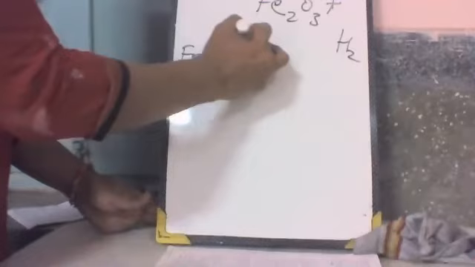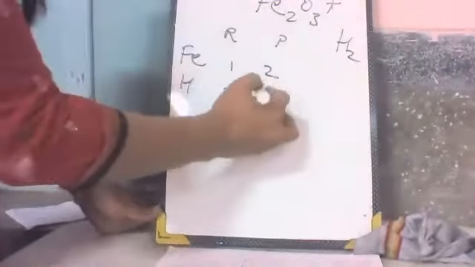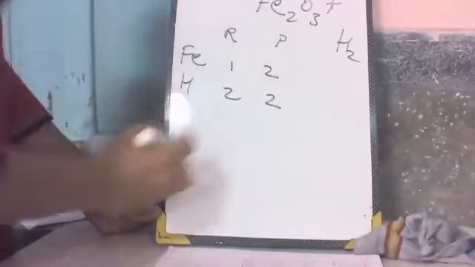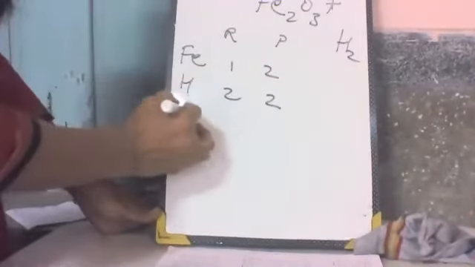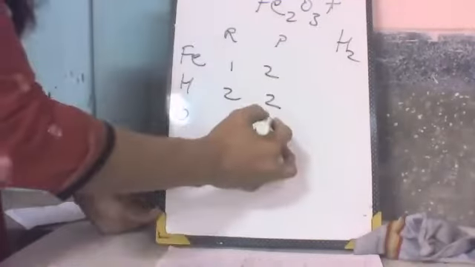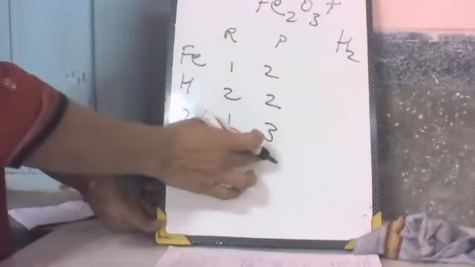So in the first case, Fe at the reactant side and Fe at the product side: here is 1 and here is 2. Hydrogen on the reactant side is 2, and it is also 2. Then oxygen is 1 here, but on the product side it is 3. So we have to balance it. We have to make 3 oxygen.